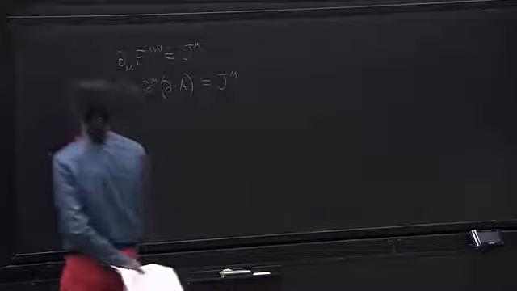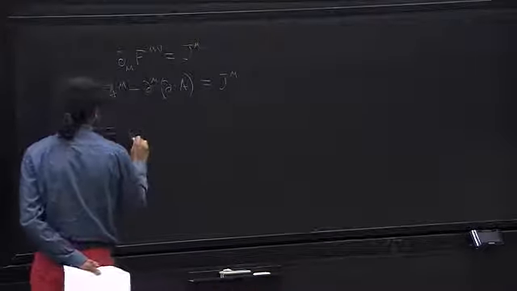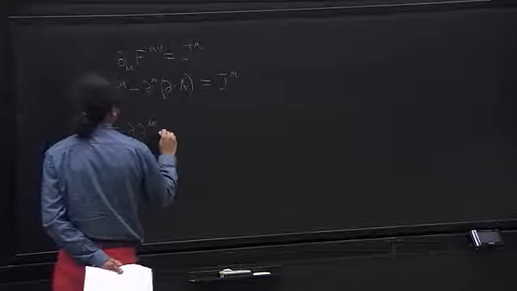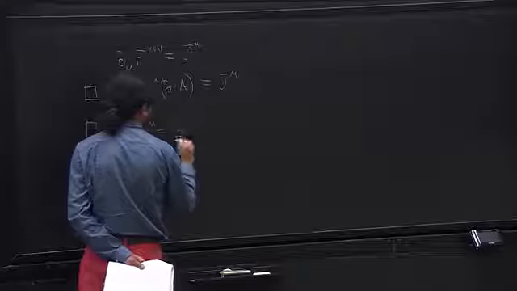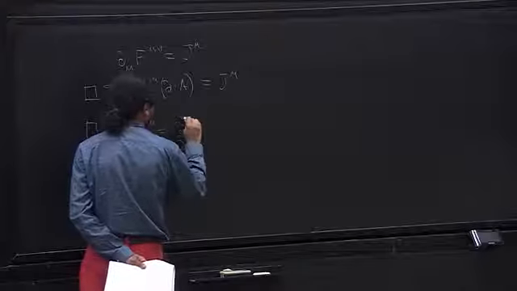Where box means this. This is the covariant wave operator. More explicitly, it's this object.